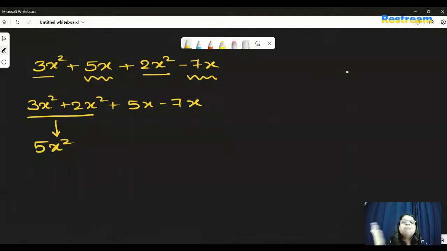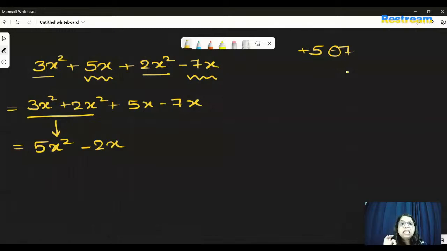Now 5x minus 7x is the same as plus 5 minus 7. Different signs, subtract and give the sign of the bigger number. So 7 minus 5 is 2, and since 7 has a negative sign, we are going to put minus 2x. So this is going to be your answer.